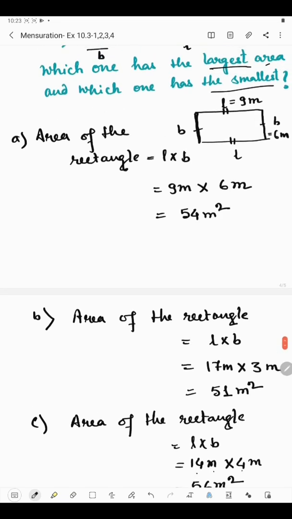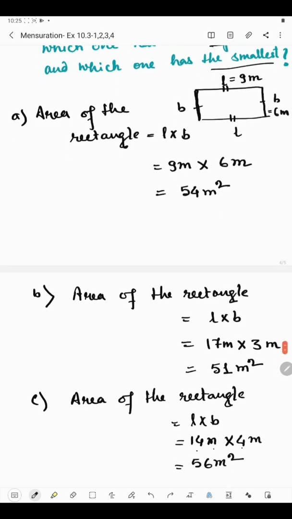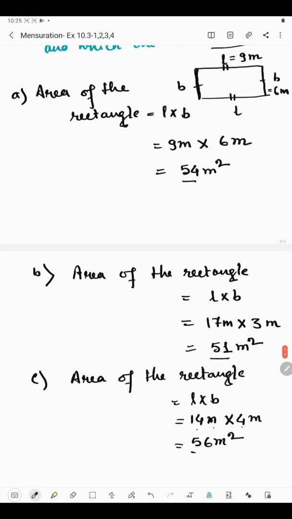Now we will have to compare these, to find which one has the largest area and which one has the smallest. So here in the A part we have got 54, in the B part we have got 51, and in the C part we have got 56. So among these 56 is largest.